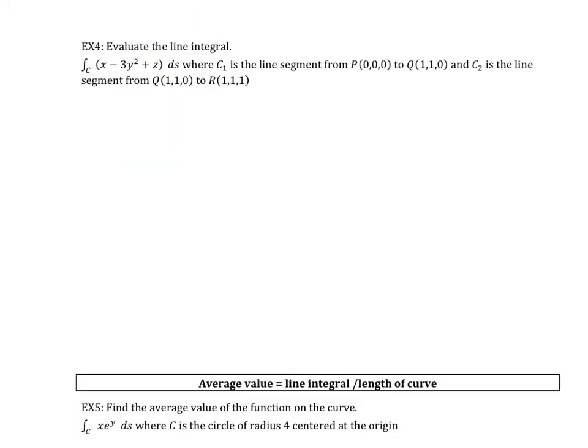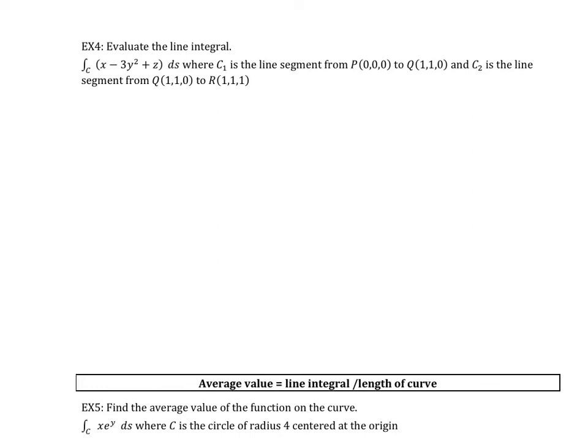Example 4, we want to evaluate another line integral. But notice in this particular case, our curve is actually in two pieces. The first part is the line segment from point P to point Q. And the second piece is the line segment from Q to R. So since this curve is made up of two different curves, I have to write two different line integrals.